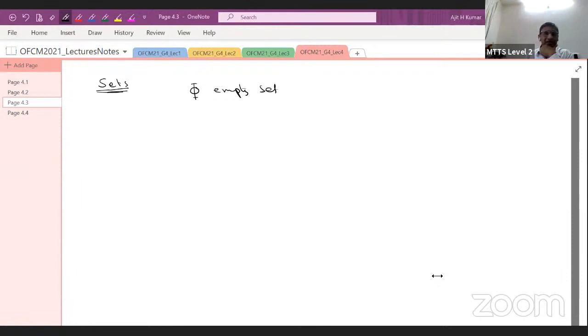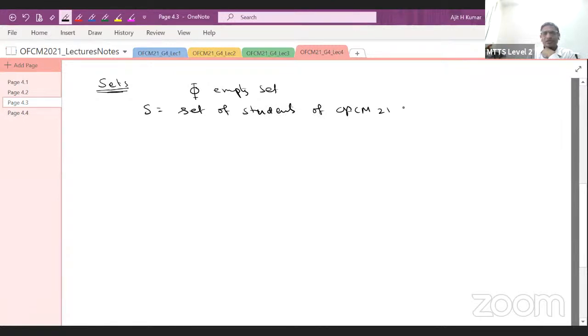If you say any set, let me give you a set. My set S is the set of students here of OFCM 21 group 4. Now write me the empty set as a subset of S. How will you write?